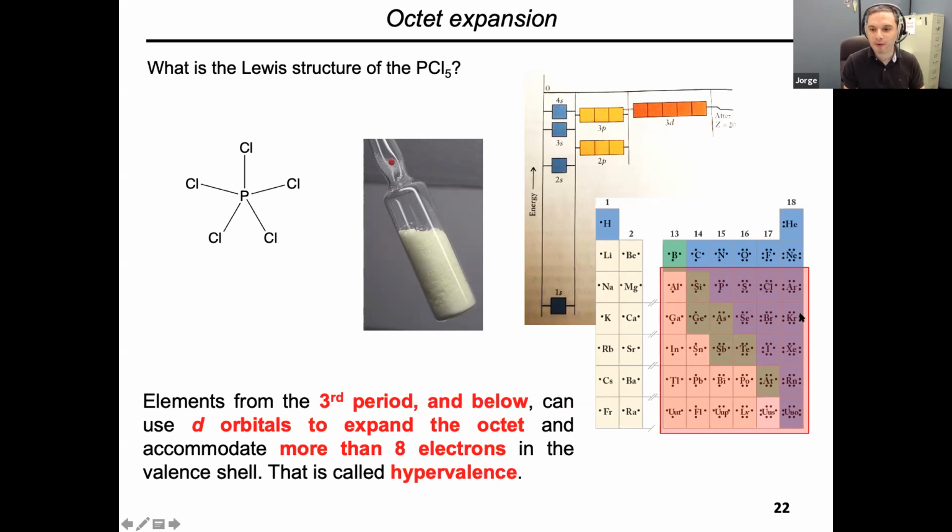Therefore, for any of the elements here in red, it is possible to accommodate more than 8 electrons in the valence shell. And when this happens, we call it hypervalence.